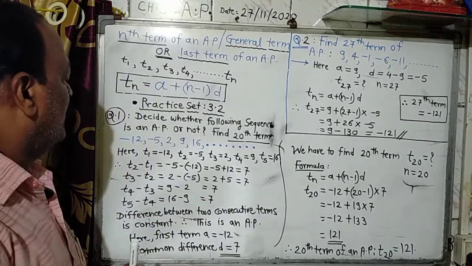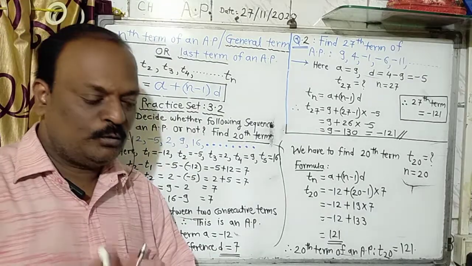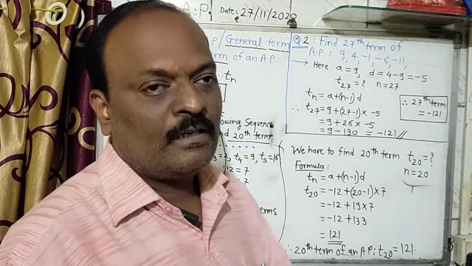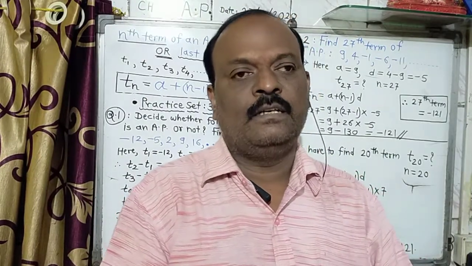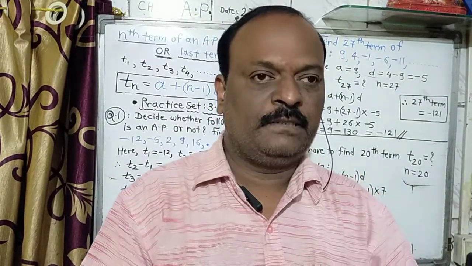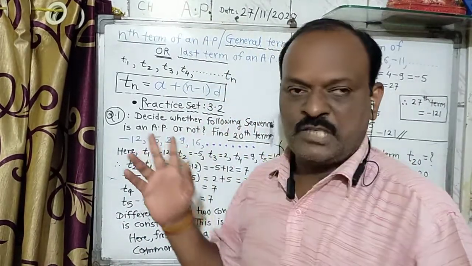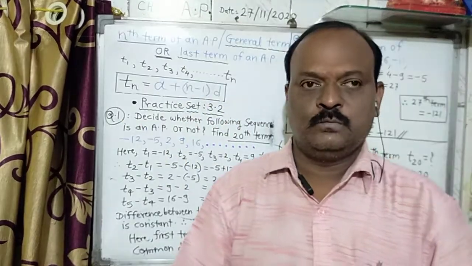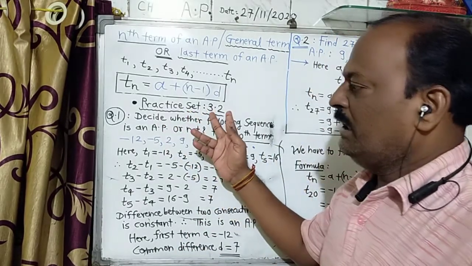So now we are going to solve practice set 3.2. We already solved question number 1 in the last period's activity. Now see question number 2 in practice set 3.2.